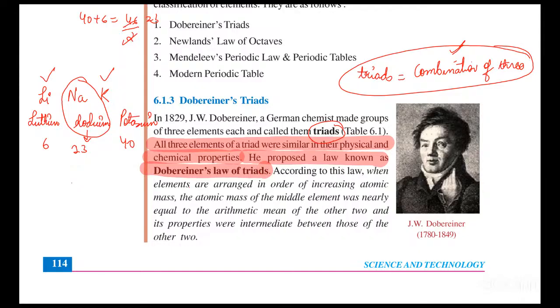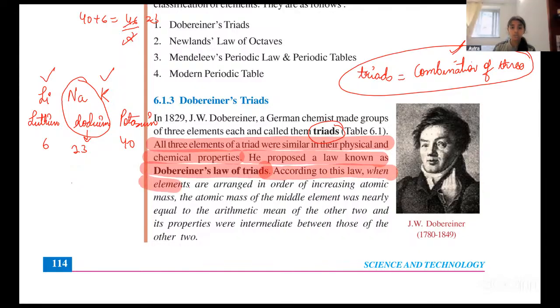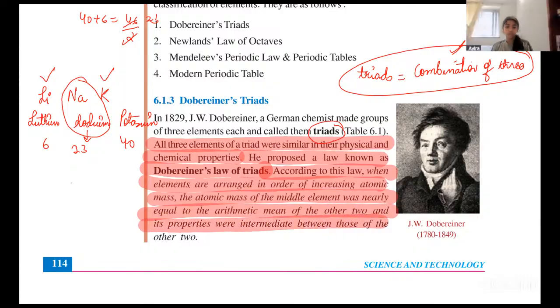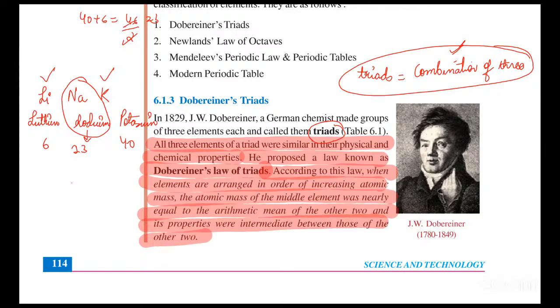Important, underline this. According to this law, when elements are arranged in order of increasing atomic mass, the atomic mass of the middle element was nearly equal to the arithmetic mean of the other two, and its properties were intermediate between those of the other two. Okay, yes, this is correct.